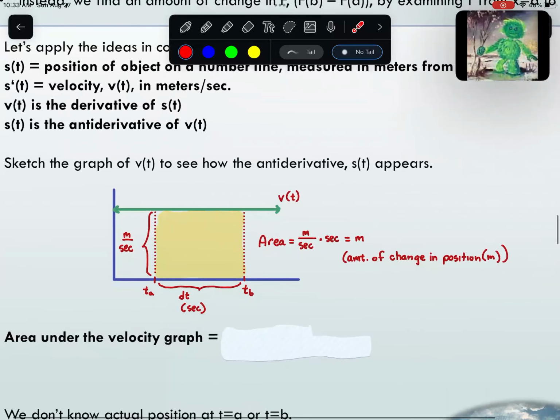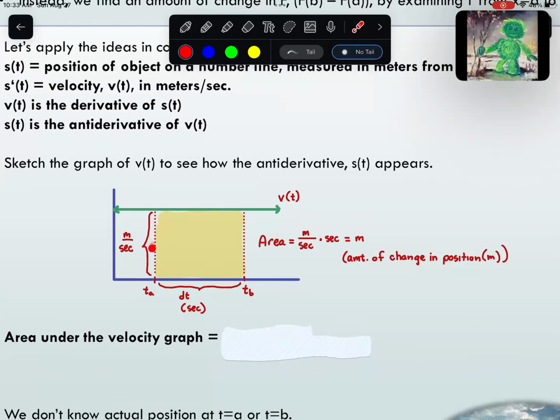And for that reason, we can make a similar graph. I'm graphing the rate of change first. I'm graphing velocity. And again, to keep it simple, we'll go with the horizontal line. Perhaps I have two t values of interest, maybe a starting time and an ending time that I notate on a horizontal axis. Just as with the previous diagram, we can find the width of a rectangle by calling it dt, some change in time measured in seconds.